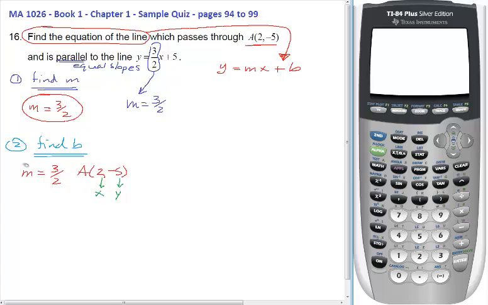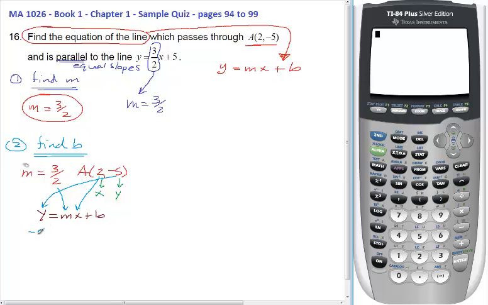So you start with y equals mx plus b and substitute in for y, m, and x and solve for b. We're going to substitute m in right here, put y in over here, and x will go in right here.